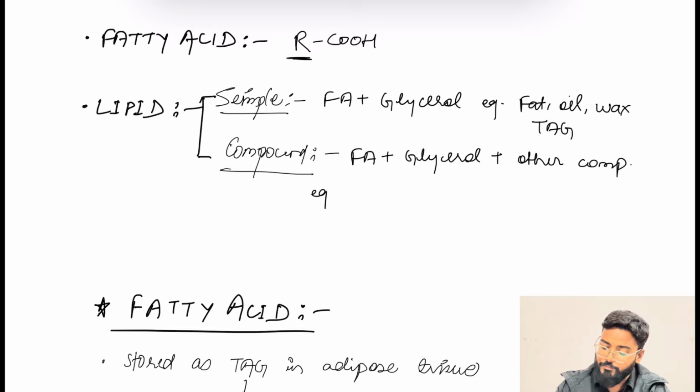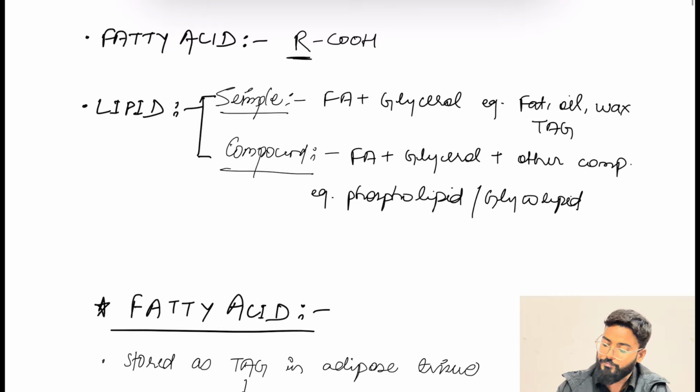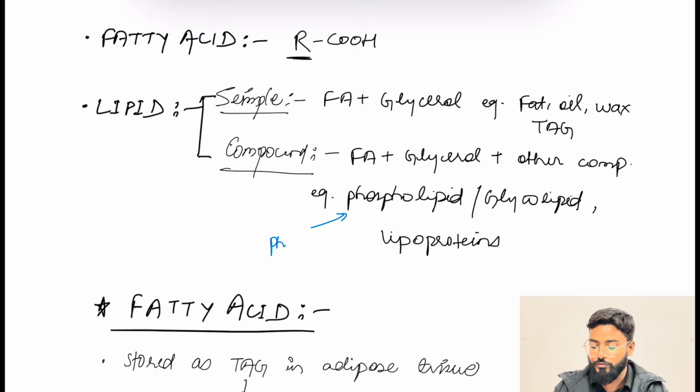Some examples are phospholipid, glycolipid, and lipoproteins. In the case of phospholipid, the other compound is a phosphate group. And in the case of a glycolipid, it is a carbohydrate group.